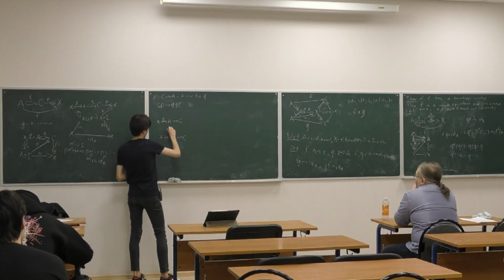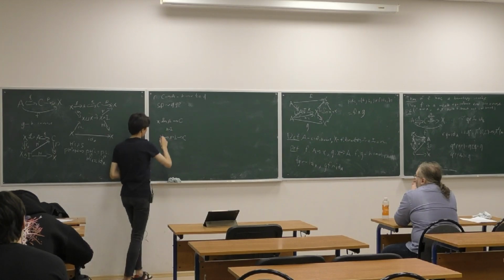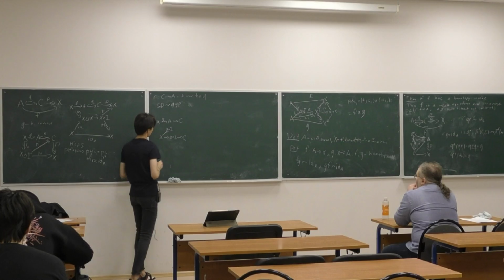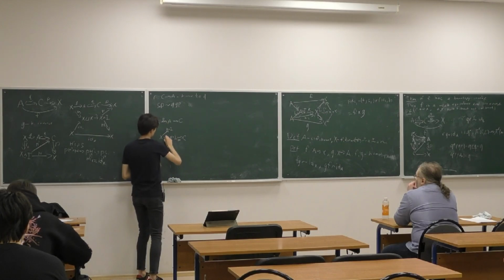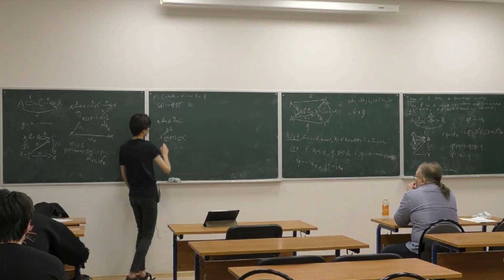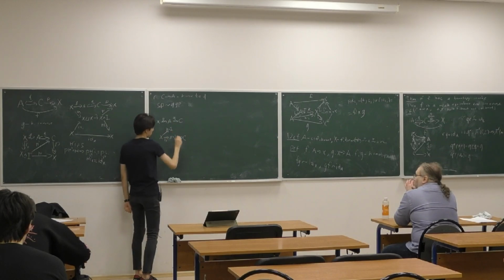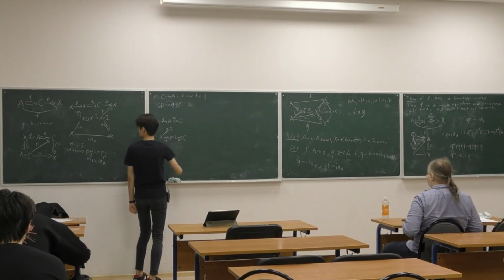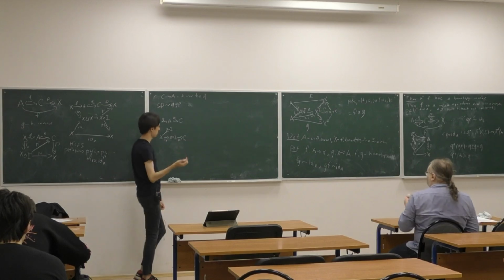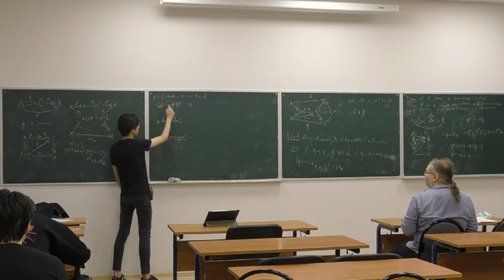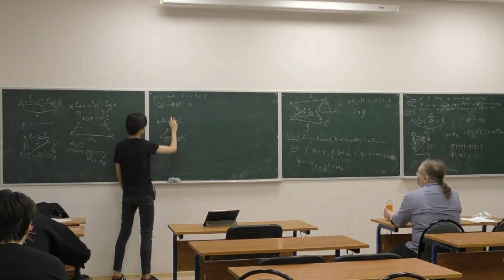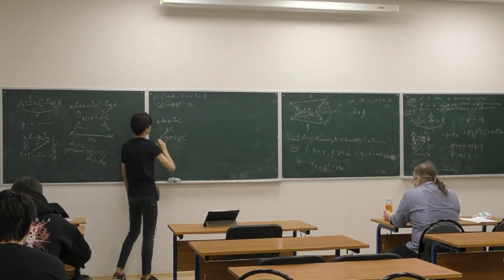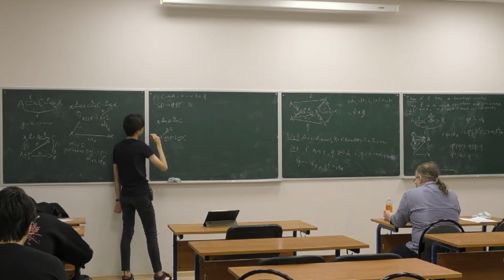So this is H, this is I1, this is Q, so H prime. So the claim is that H prime gives a homotopy between S and QG.